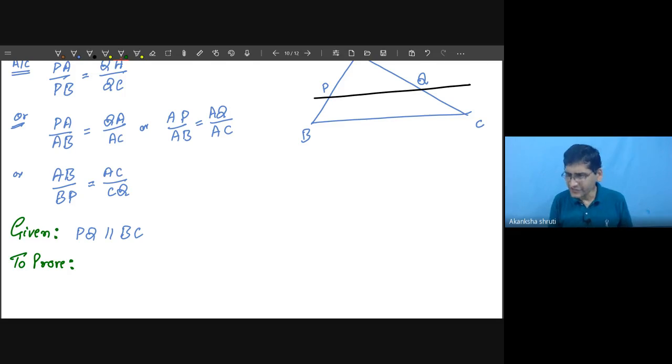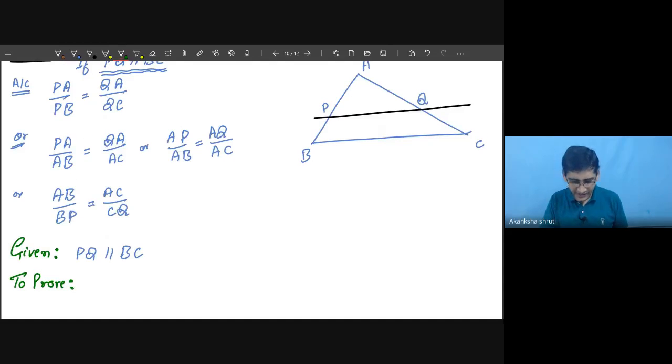Means if this condition is holding for a triangle, then this PQ is parallel to BC. This is holding good for a triangle. So in triangle ABC, that we have to keep in mind.